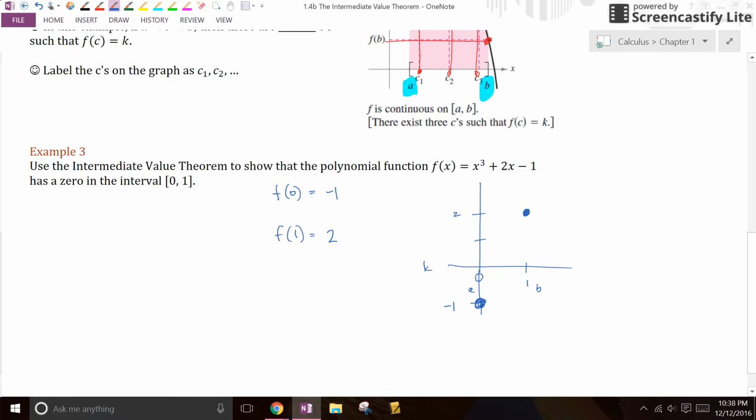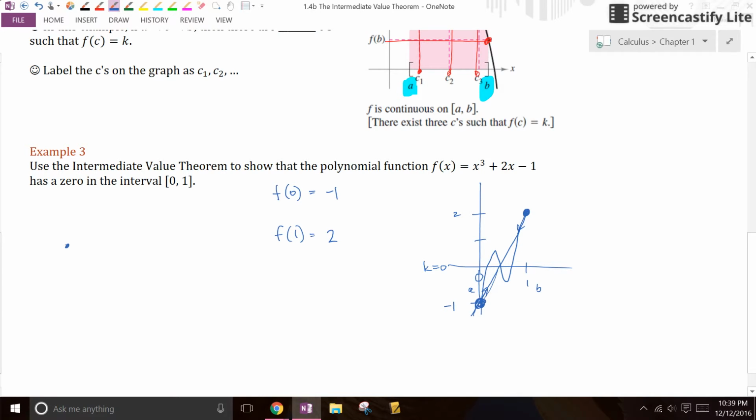Heck yeah, k is right here, k is at 0. So it's saying, all right, if that's true, then there must be some c value, or maybe multiple c values, where k is 0. And you go, yeah, that has to be, because in order for the graph to get from here to here, it's got to cross. I don't know if it goes like this. I don't know what it does, right? But it's got to cross at least once, maybe more than once. And that's all this theorem says.